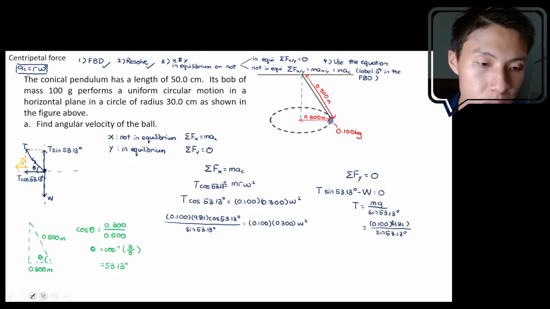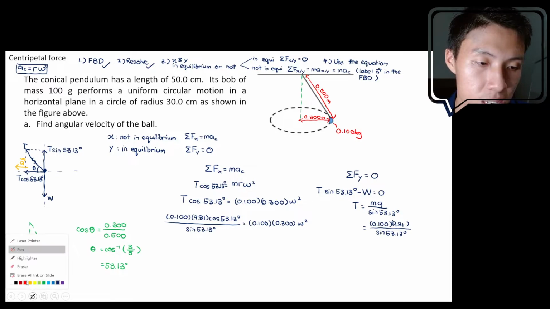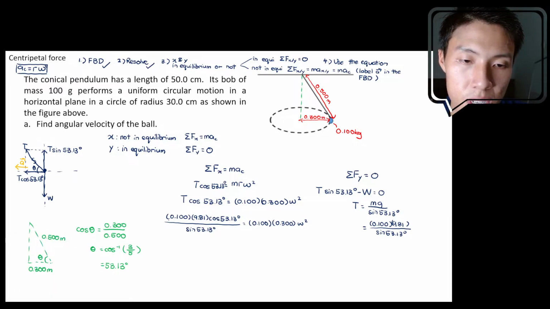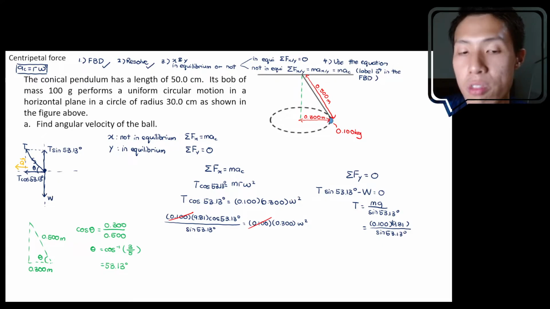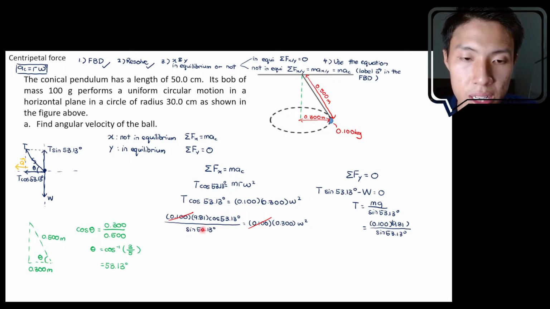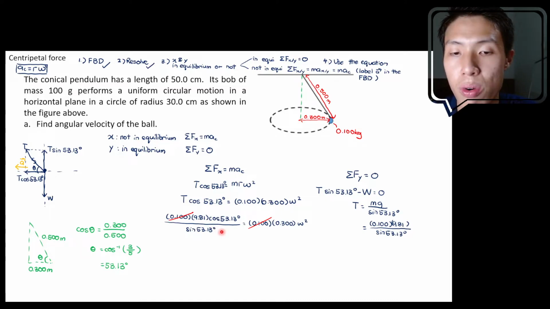From the equation, we can see that some things can be simplified. For instance, this 0.100 and 0.100 exist on both sides of the equation, so we can cancel that out. We also know that cosine divided by sine is related to tangent, so this is actually g divided by the tangent of 53.13 degrees.